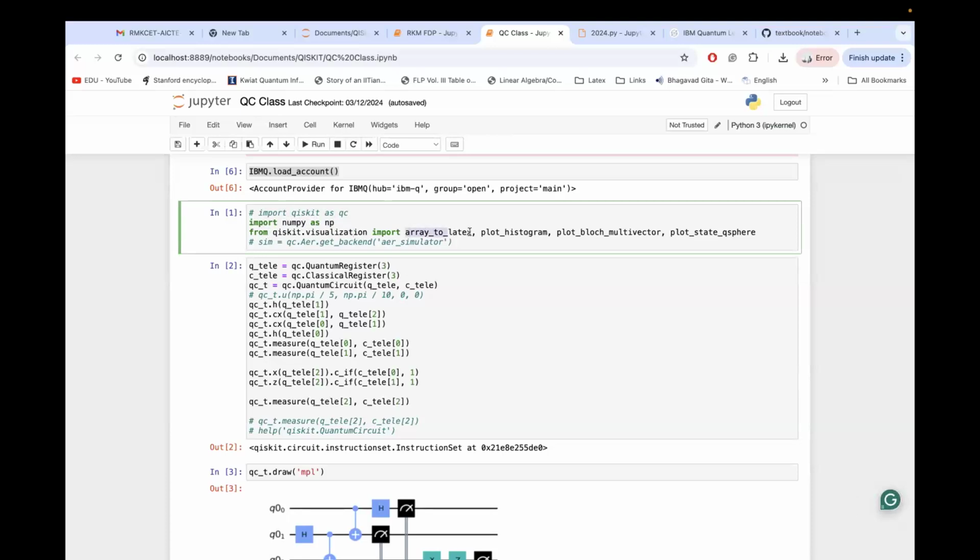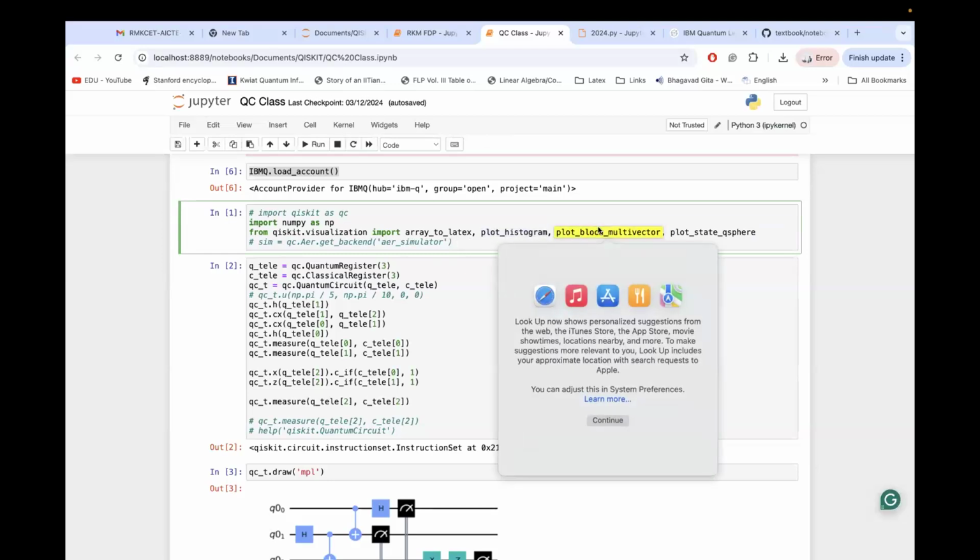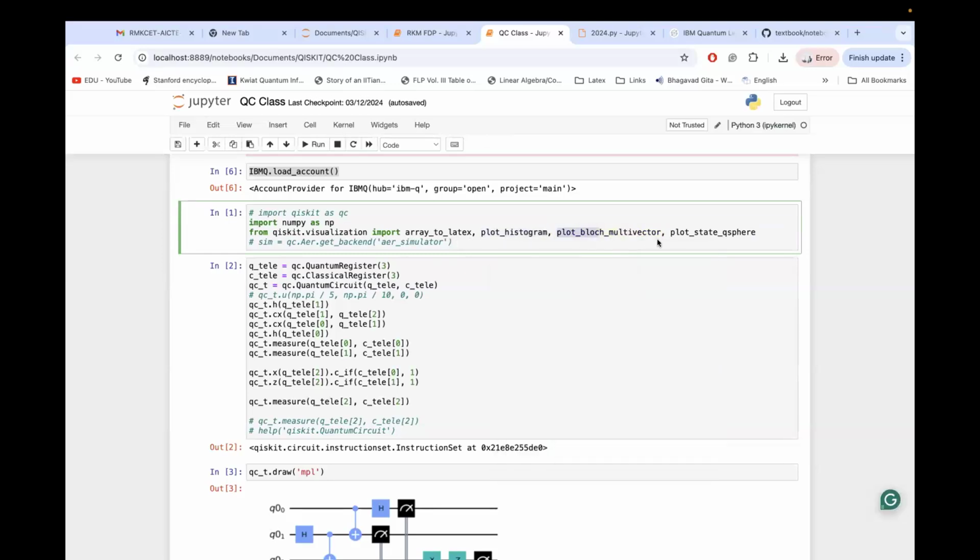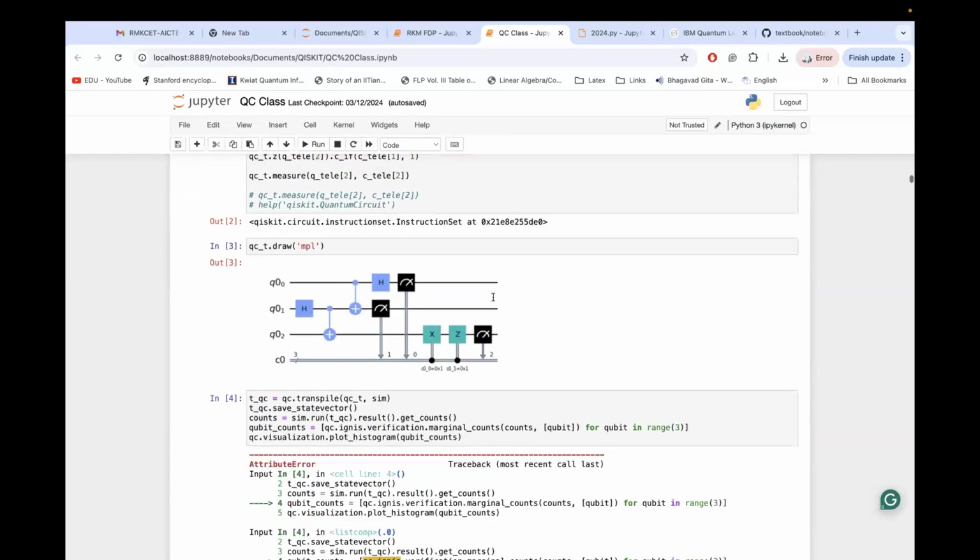That is array_to_latex, which means that if you have a quantum state, you can print its state as a LaTeX command. Or else you can visualize the system as a histogram. Don't bother, I'm not going to spend time on each of these things. I'm just introducing the installation part to you. And we can use something called a Bloch vector, which is a visual representation of a quantum state, and so on.